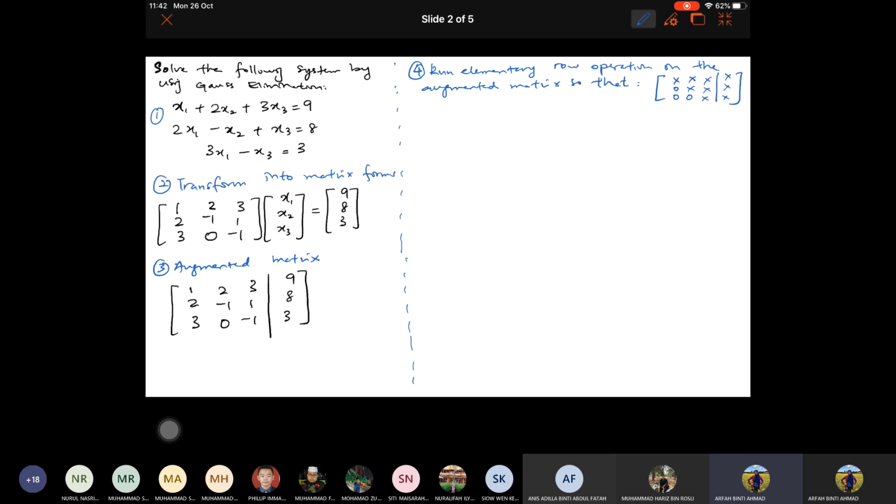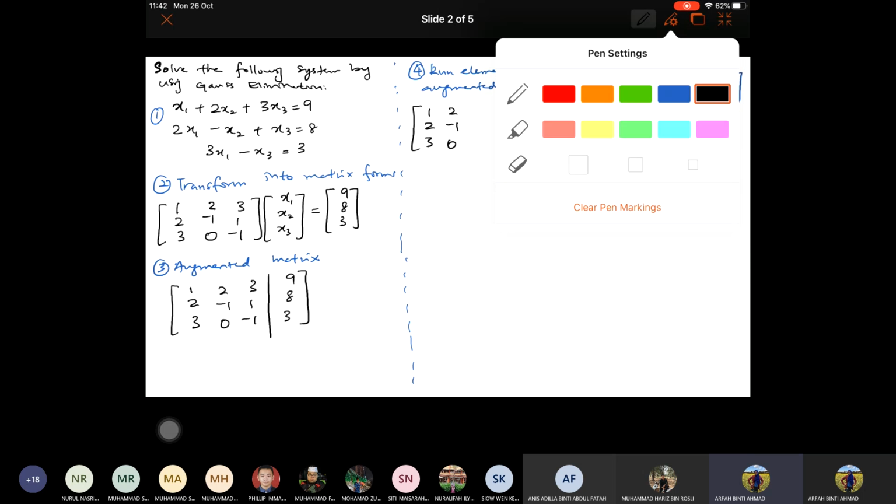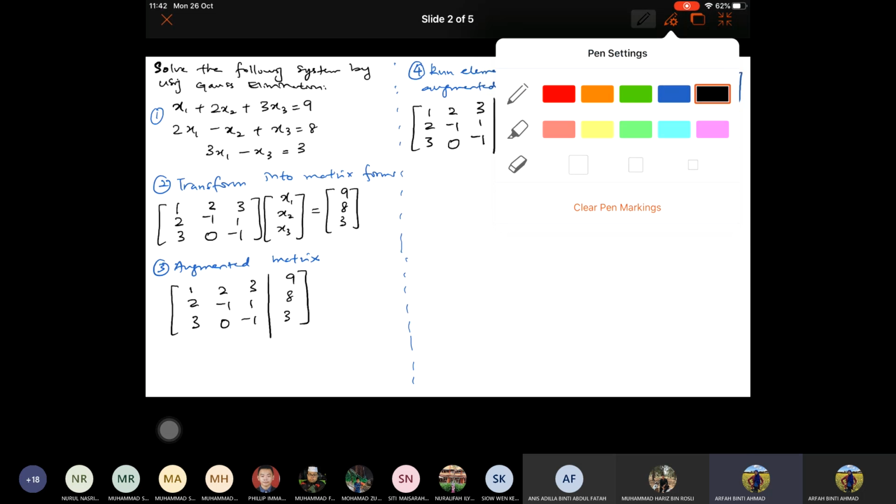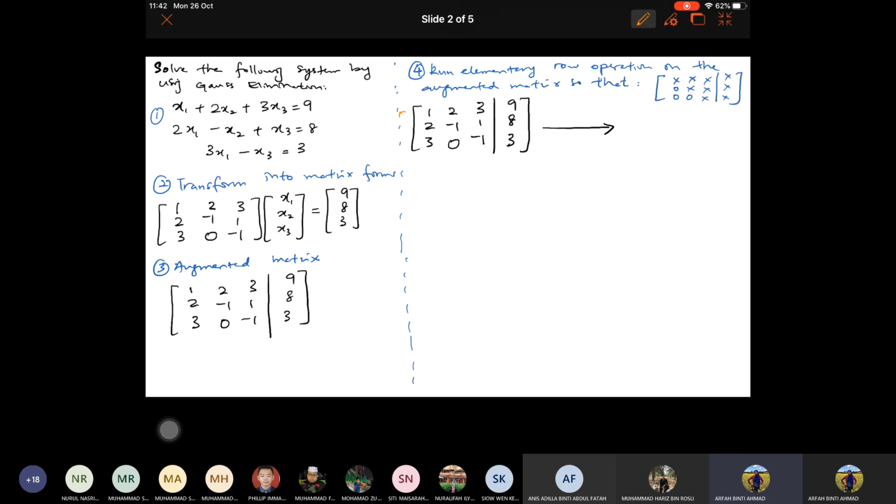So first thing first, awak copy je awak punya augmented matrix ni. 1, 2, 3, 2, negatif 1, 0. Okay. Then you have 3, 1, negatif 1 dan your answer matrix is 9, 8, 3. So take a look at this one. This is your row 1, R1, R2 dan juga row 3. Okay.